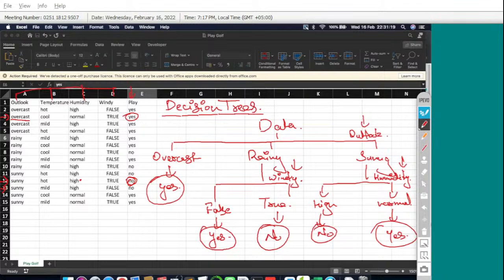Now, what do we understand by degree of randomness? How random the decision is, right? If the degree of randomness is high, it means we are taking a less calculated decision. The chances of that decision being correct are less, right?